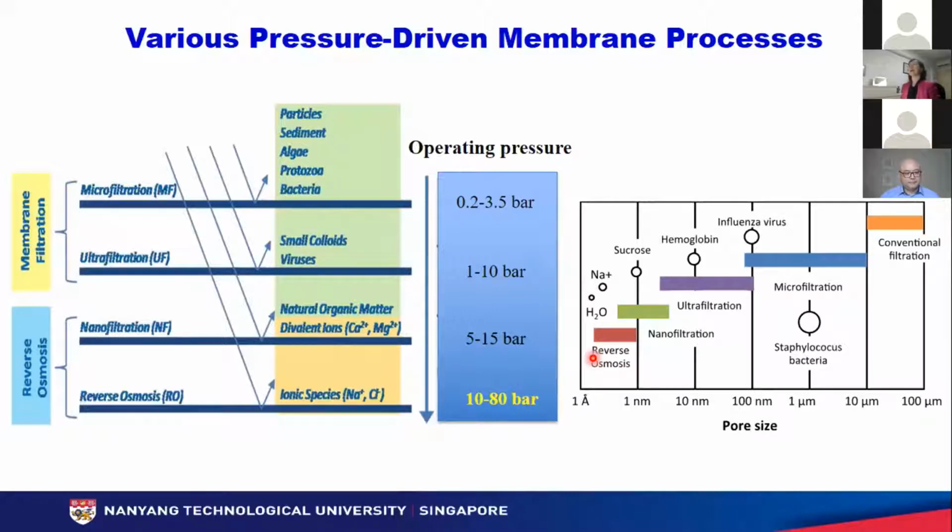We know there are various types of pressure-driven membrane processes: MF, microfiltration, ultrafiltration, nanofiltration, and reverse osmosis. MF-UF are normally used to remove particles and big organic molecules. Nanofiltration has a smaller pore size.